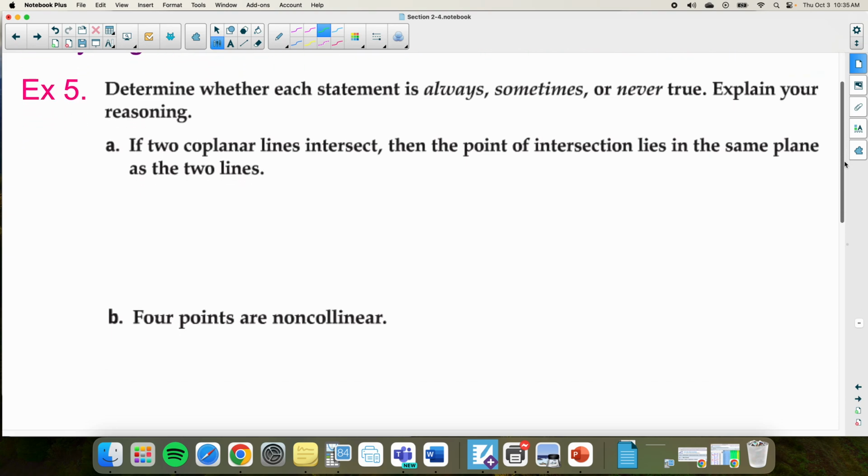Now let's go to this. And this actually, I think, is what your quiz looks like. I think it's always, sometimes, or never that you're gonna write down. And you don't have to explain your reasoning, okay? So the first thing says, if 2 coplanar lines intersect, then the point of intersection lies in the same plane as the 2 lines. So you have to kind of understand what they're saying here.